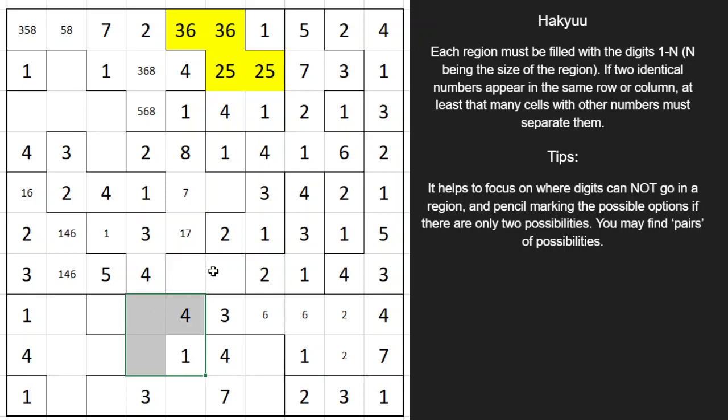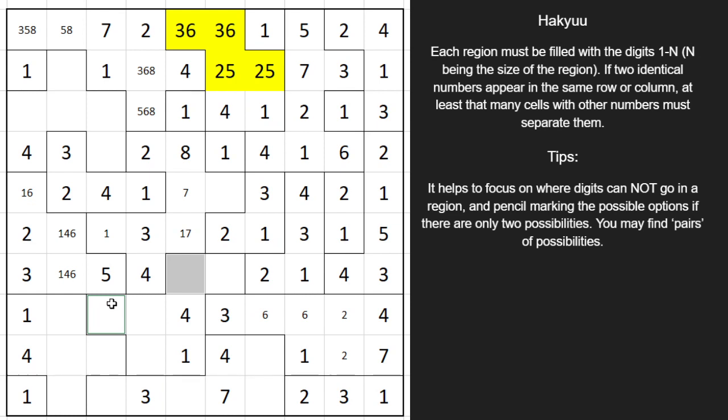Let's look at this region. So we're missing a 2, which can't be in either of these. And we're missing a 3, which can't be here or here or here because of this 3. So that puts a 3 in one of these two.